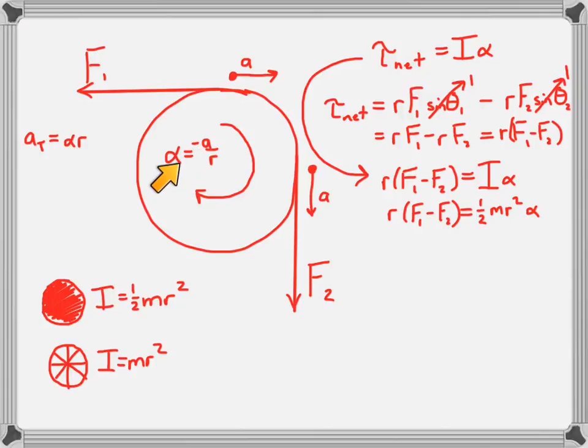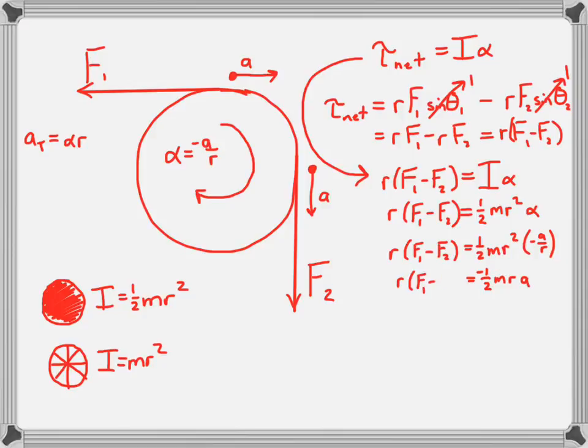So now let's replace alpha with this quantity right here in our equation. And so we have r times the quantity F1 minus F2 equals 1/2 mr squared times negative A divided by r. We can do a little simplifying right here. We get 1/2 times m times r times A. Don't forget the negative sign I put out in front.